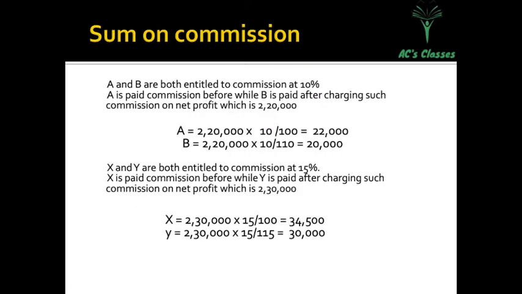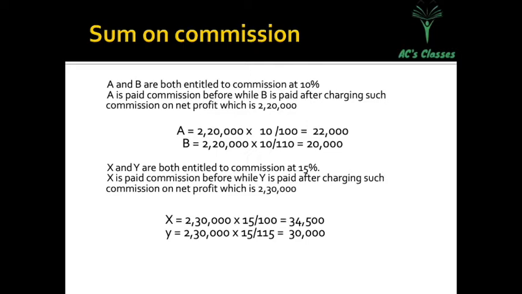Now, in this question, you can see A and B are both entitled to a commission at the rate of 10%. A is paid a commission before, while B is paid a commission after charging such commission, on a net profit of 2,20,000. When the commission is before, it will be a simple percentage: A equals 2,20,000 into 10 by 100, which gives you 22,000.